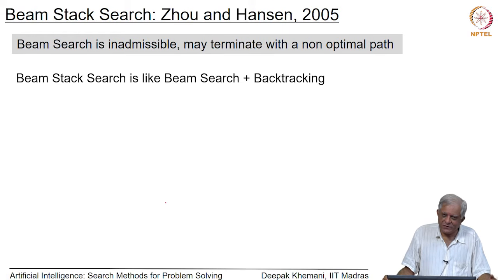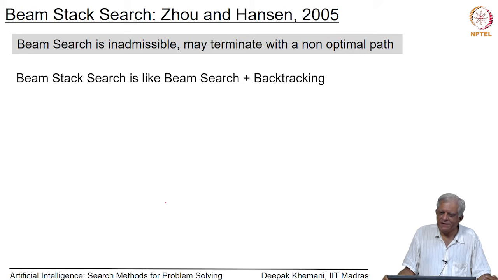The algorithm given to us by Zhou and Hansen called beam stack search, it is a little bit like beam search, but with backtracking essentially. What does that mean? It means that you go forward in the impetuous manner of beam search, that keep going towards the goal, but keep the option of backtracking available to us.